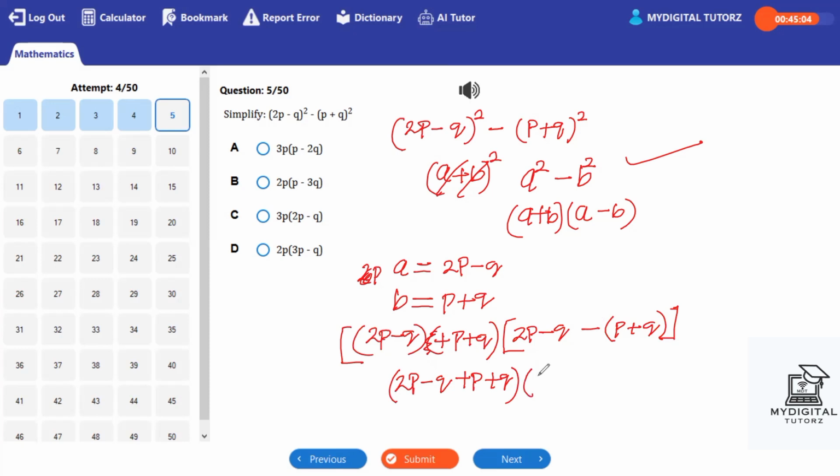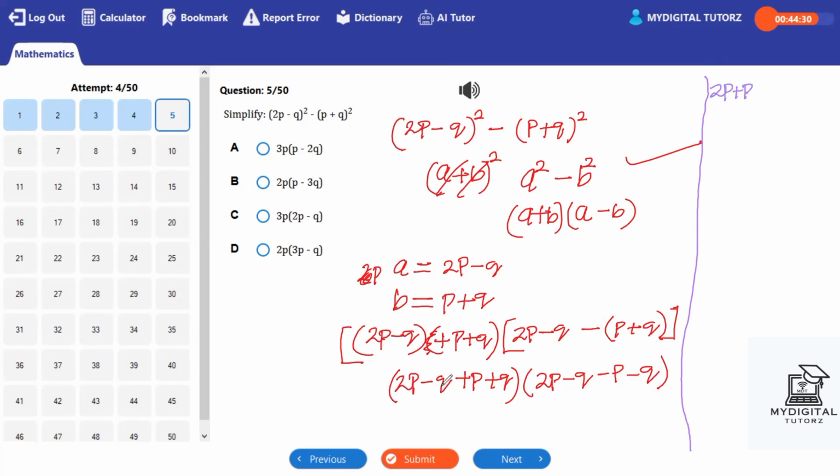Then for this place, I'm going to have 2p minus q. This minus times p will be minus p. Minus times plus will be minus q. Close the bracket. From here, I can have 2p plus p. Let us bring those that are the same together. So here I have 2p plus p.